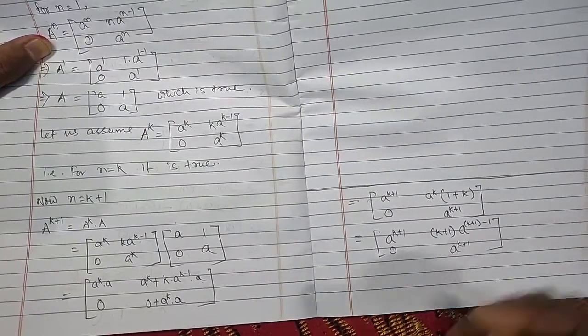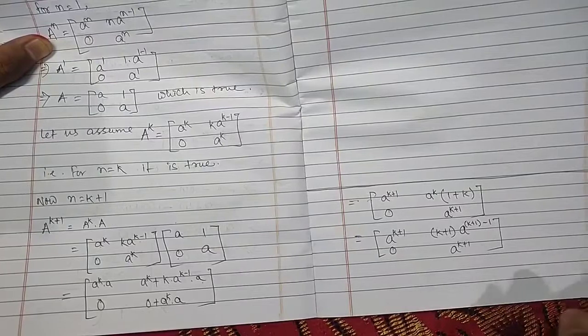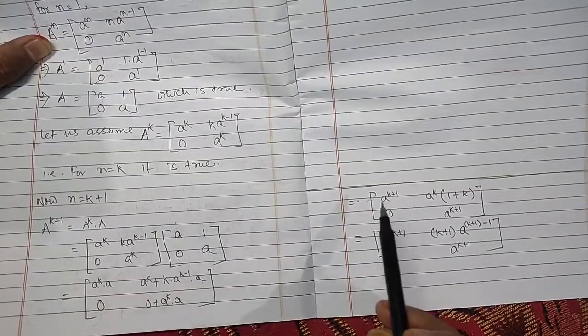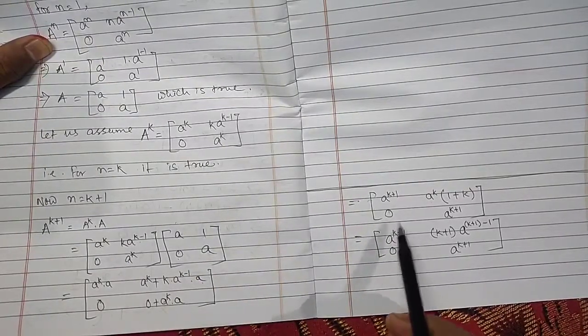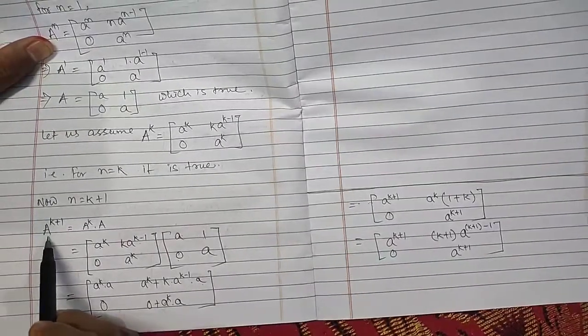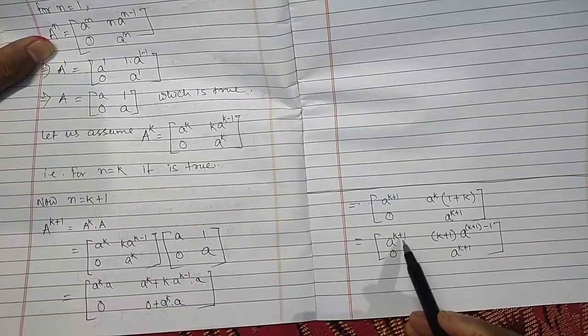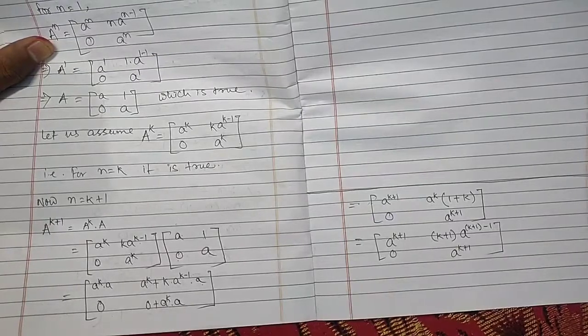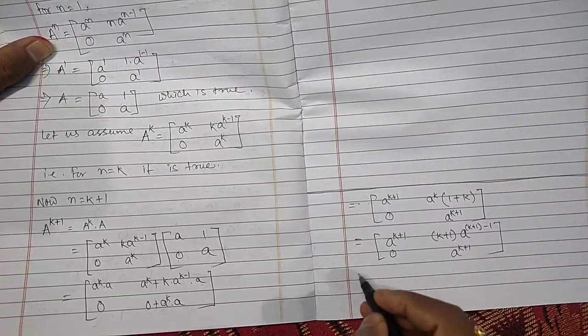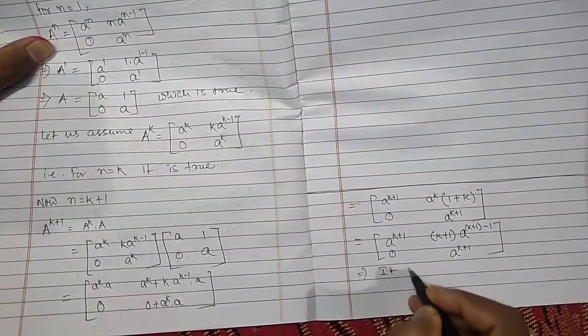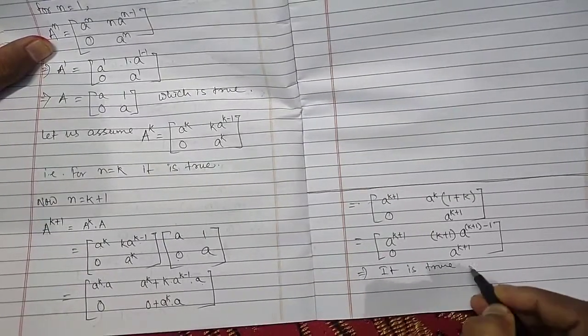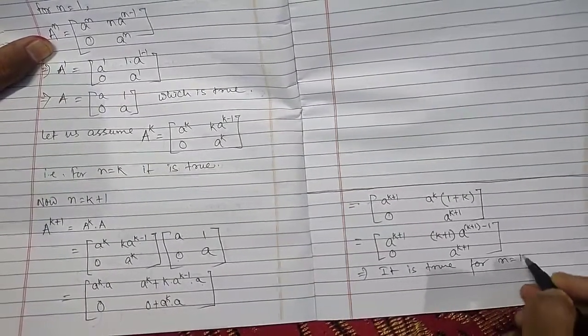Now check whatever is given: just in the place of k, k plus 1 is coming. So when we have to find A to the power k plus 1, in the place of k, k plus 1 is coming. So it is true for n equals k plus 1.